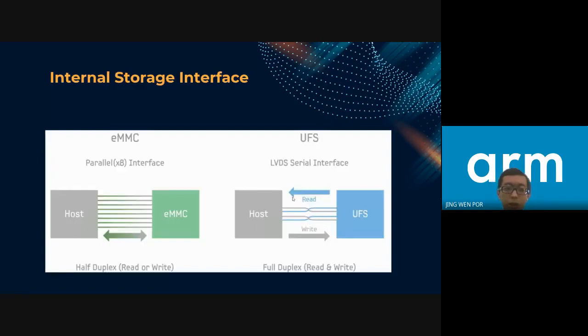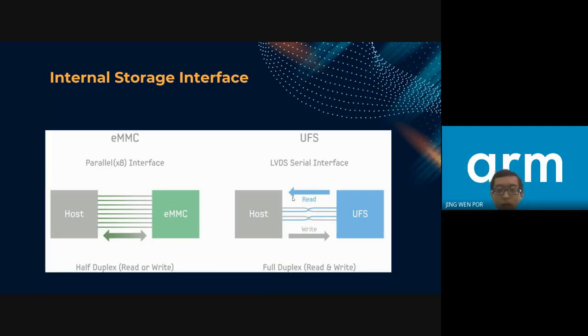For internal storage interface, as mentioned also in the comparison table, there is eMMC, which is the embedded multimedia card standard, and also the UFS 3 for Exynos 2100. The eMMC is a multimedia card standard internal storage format introduced by the MultiMediaCard Association in 1997, which comprises a controller and a NAND flash memory within a single integrated circuit.